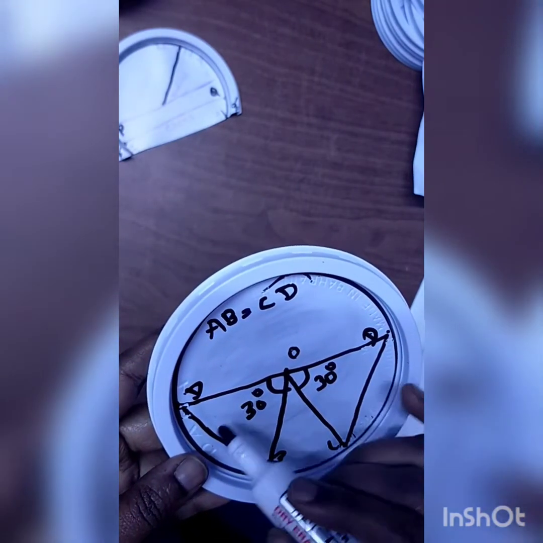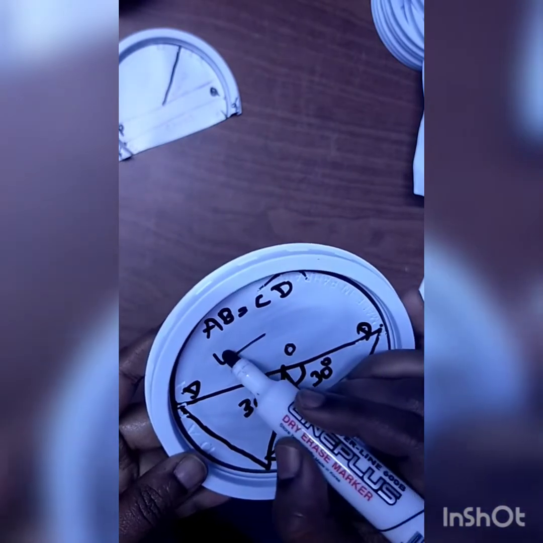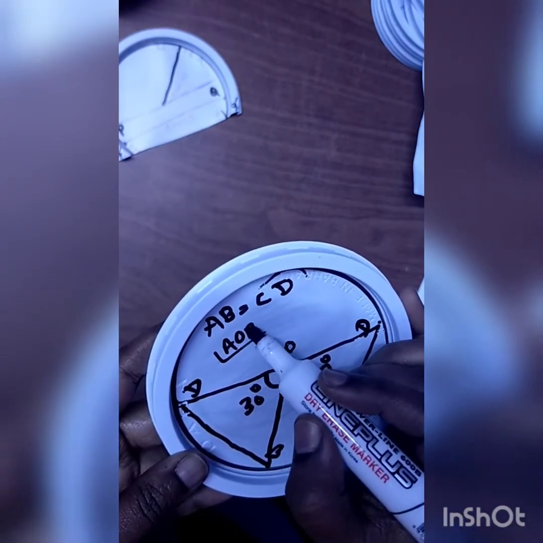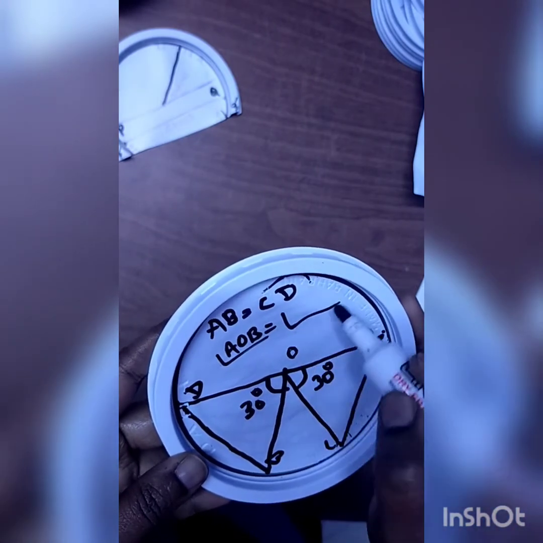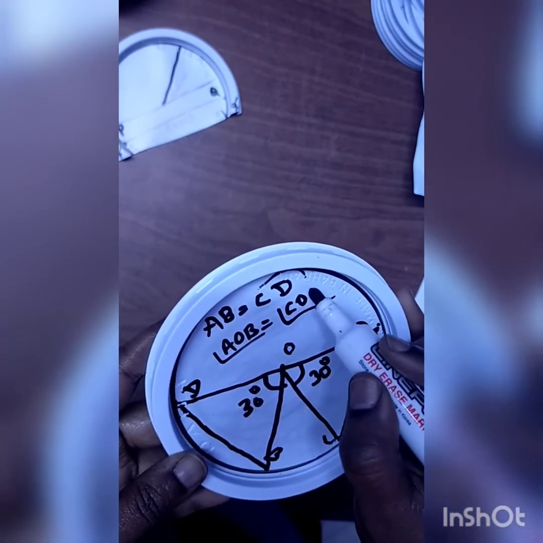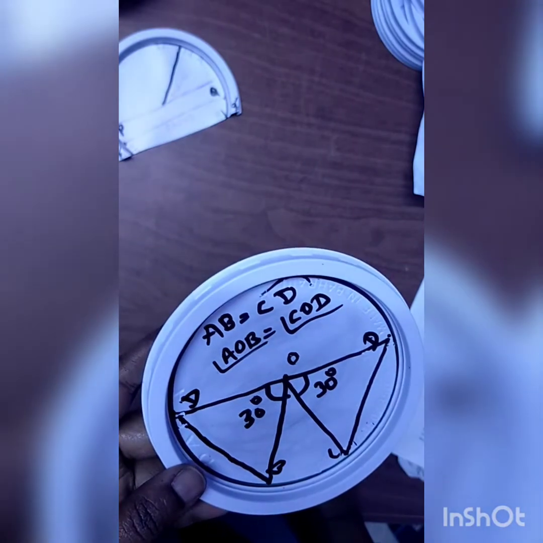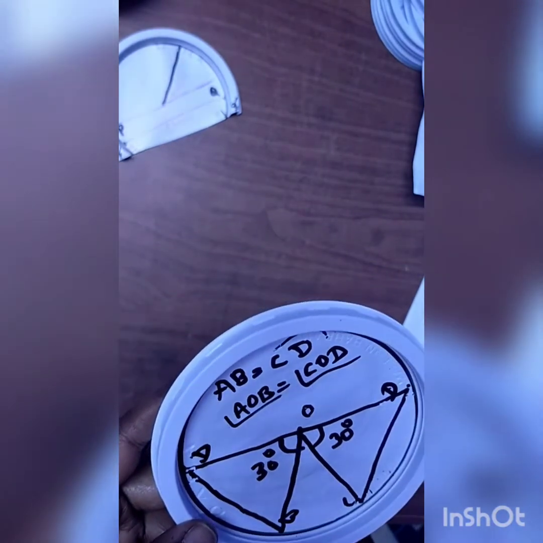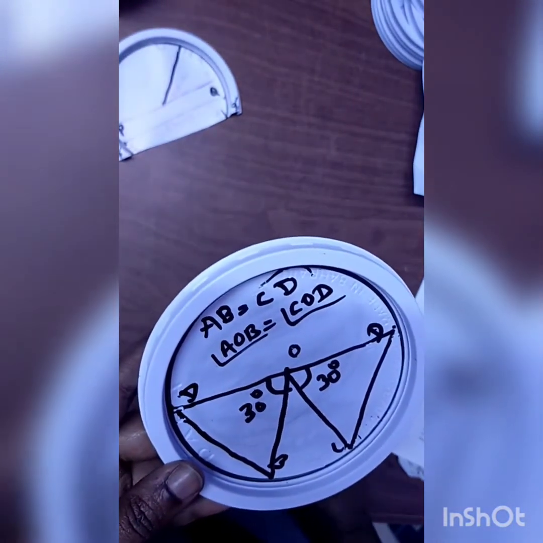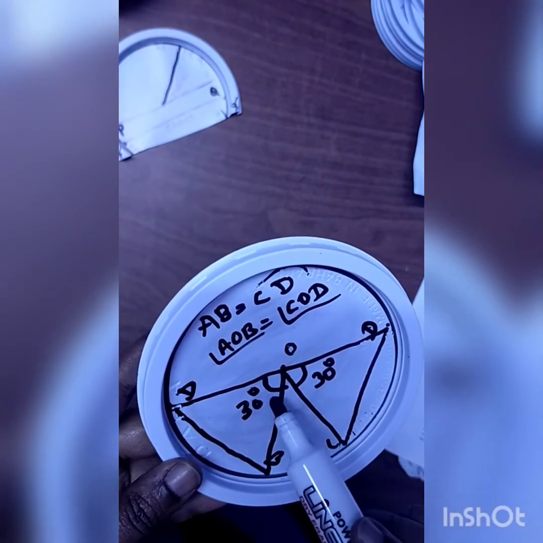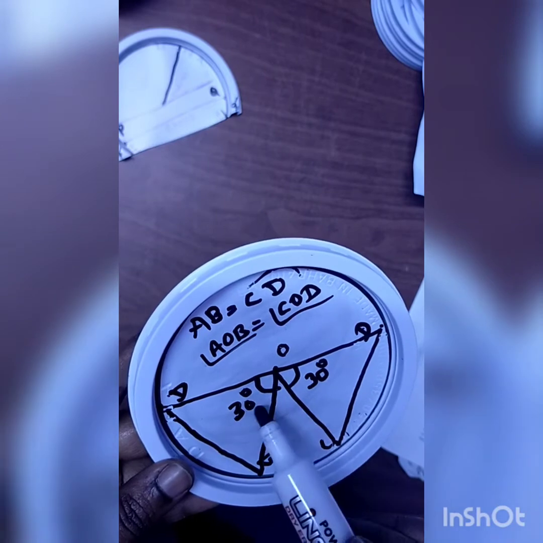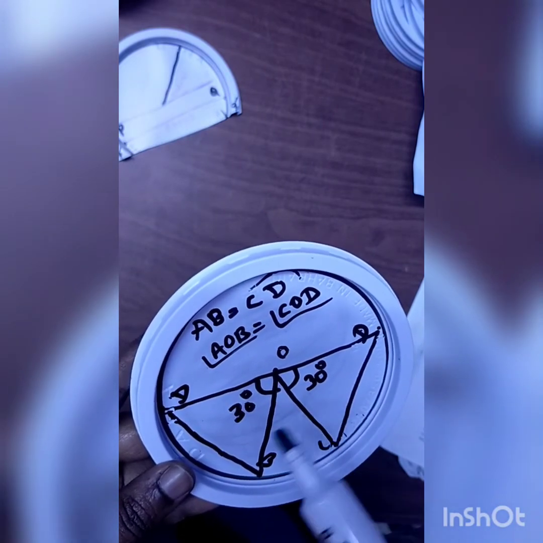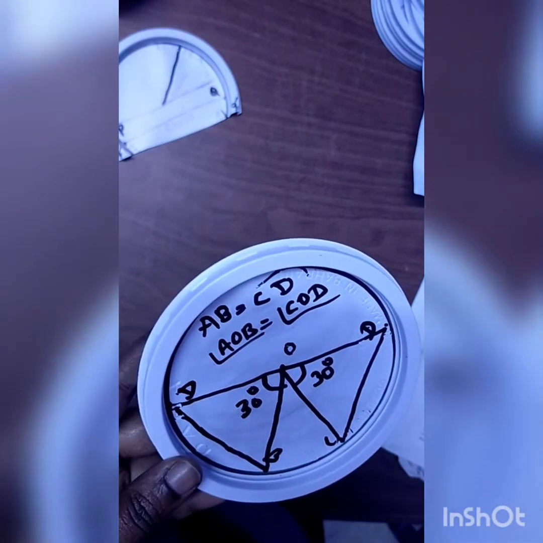Okay, so angle AOB is equal to angle COD. So how can we say the same thing in the other way? If the angles subtended by the chords of the circle at the center are equal, then the chords are equal.